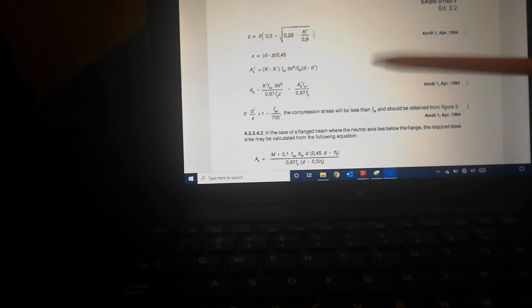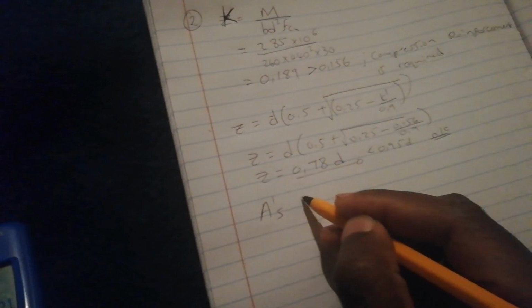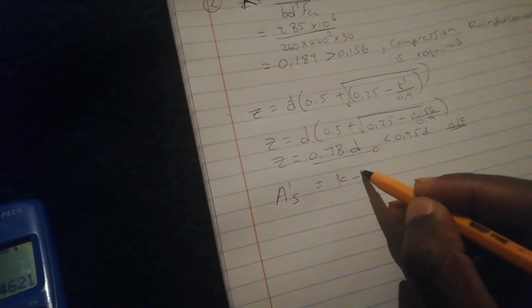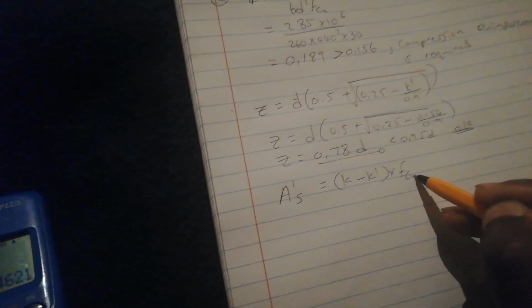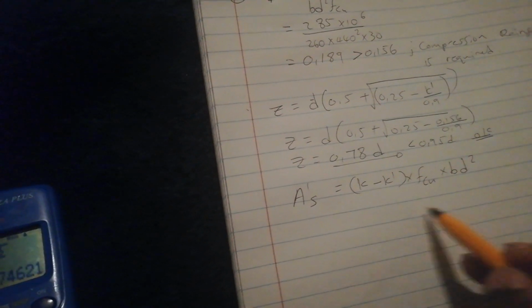Now I'm going to calculate my area of compression steel. On the code book, they say that the area of compression steel, A s prime, is given by (k minus k prime) times f c u times b d squared, divided by f y c multiplied by (d minus d prime).